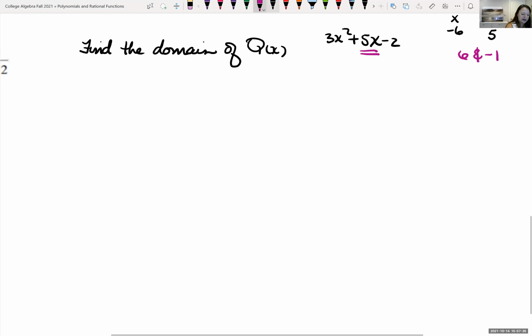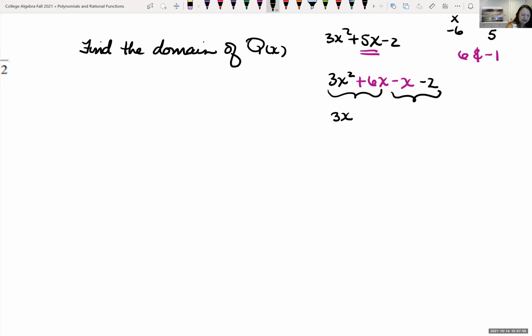So the trick was to go in and rewrite your middle term using those two numbers. And so instead of writing 5x, we're going to write this as plus 6x minus 1x minus 2. Factor by grouping. So the first two terms, we're going to pull out a 3x. That's what they share in common. And we would be left with then x plus 2. The last two terms, we can pull out a -1.